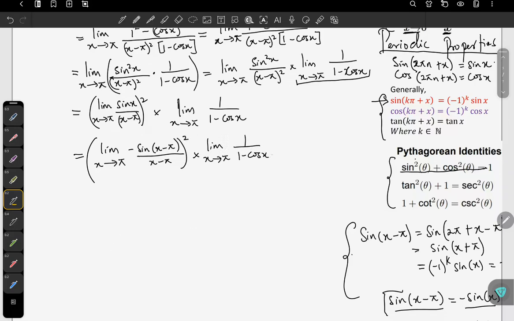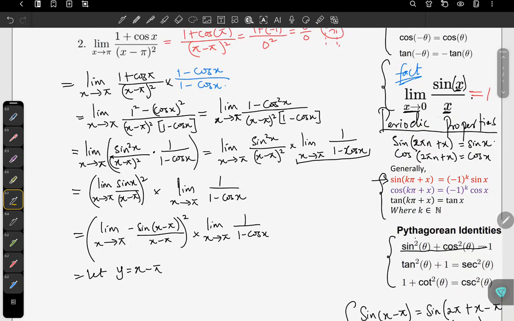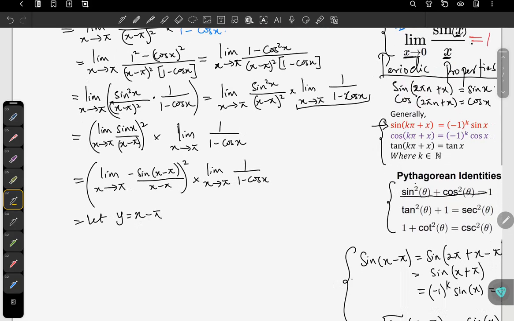Knowing that, we can now say let y be equal to x minus pi. Why are we doing that? So that it can look exactly like the facts that we're using. If y is equal to x minus pi, then the limit becomes negative of sine y over y, and as x approaches pi, y will approach 0, because pi minus pi is 0.